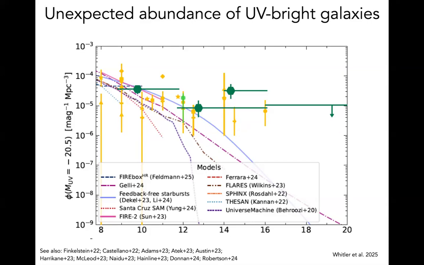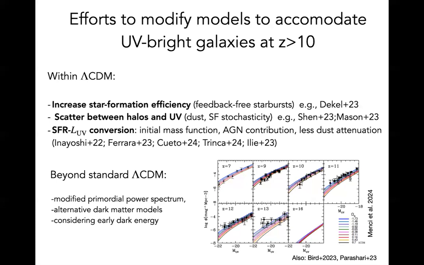So in the past few years, there has been a lot of effort in finding a solution. Why do we have this many massive and luminous galaxies at this high redshift? There are different types of efforts. You can choose your favorite one, either staying within lambda CDM or going beyond.